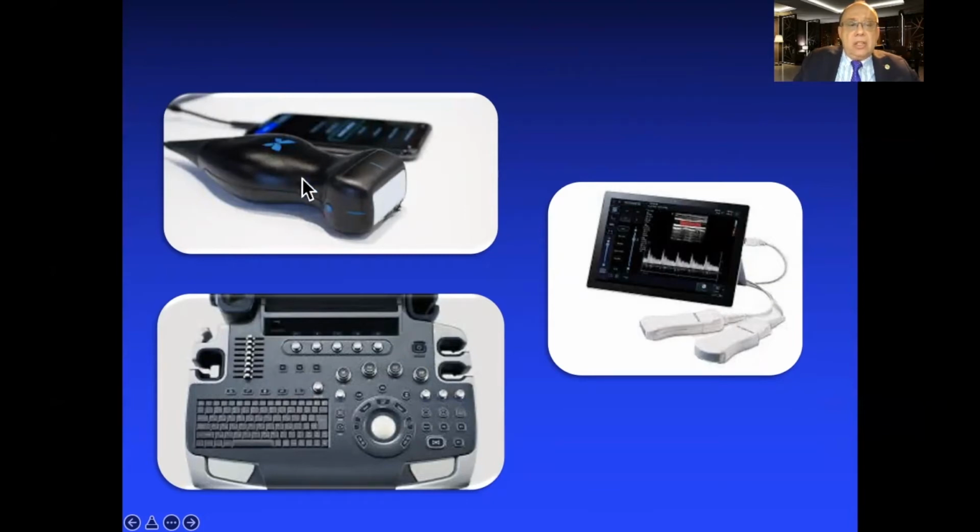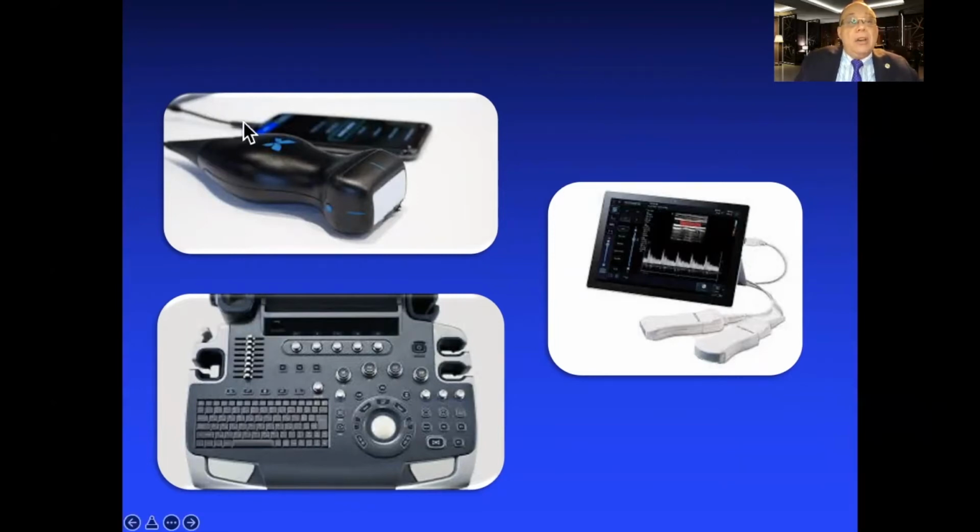It changes automatically by using artificial intelligence software, depending on the preset that you choose. It has 19, 20 different presets, and it changes itself from linear to convex or to phased array, if we want to do a cardiac or a vein study.